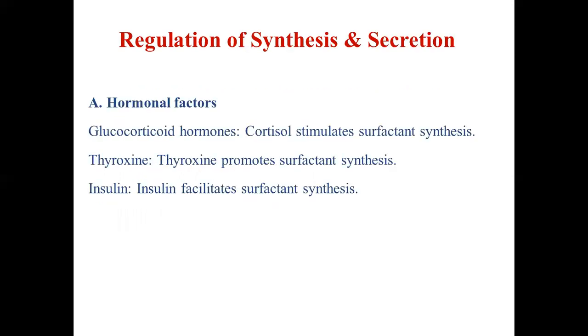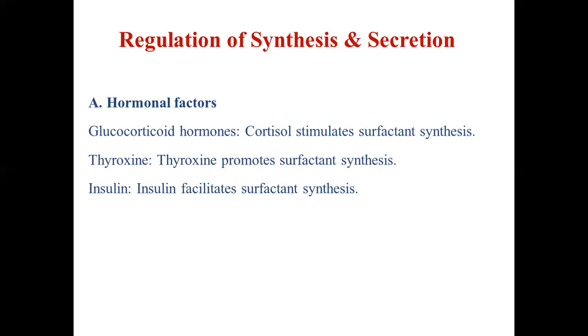So these are the four important factors or functions of surfactant. Now, what are the factors which regulate the synthesis and secretion? The first and most important factor is the hormonal factor. As we have discussed, at the 34th week the glucocorticoid hormone is secreted and stimulates surfactant synthesis.